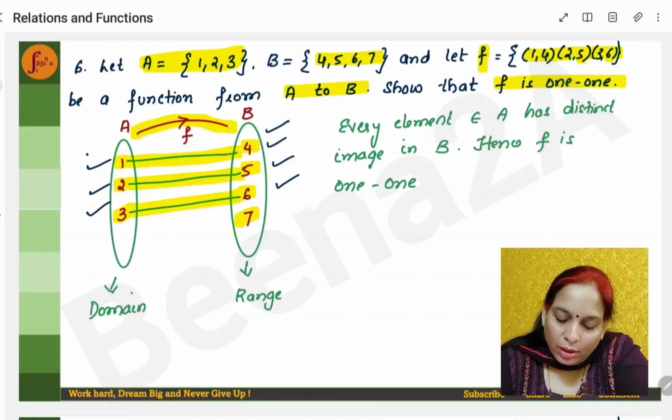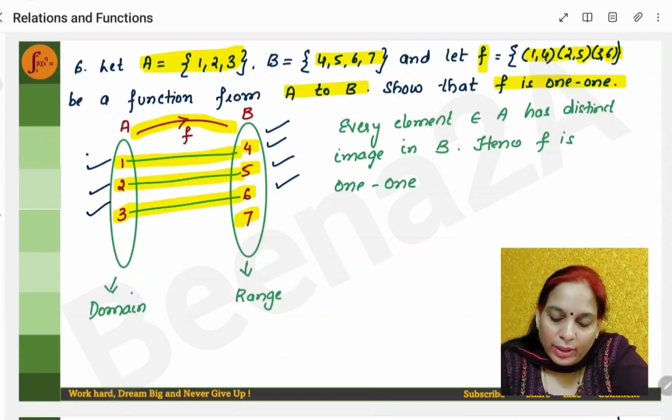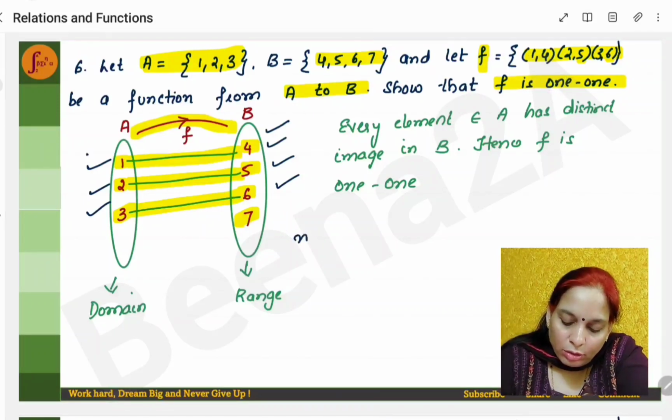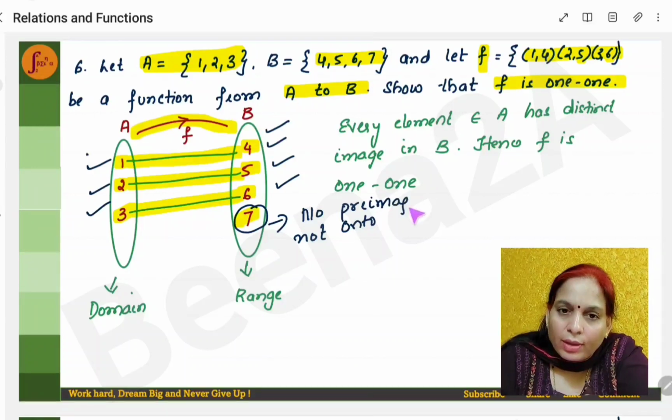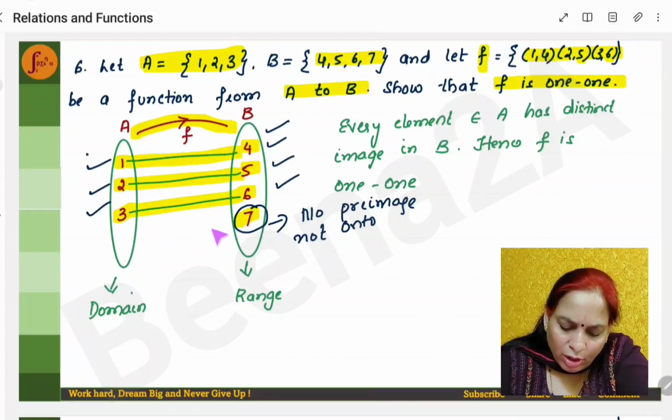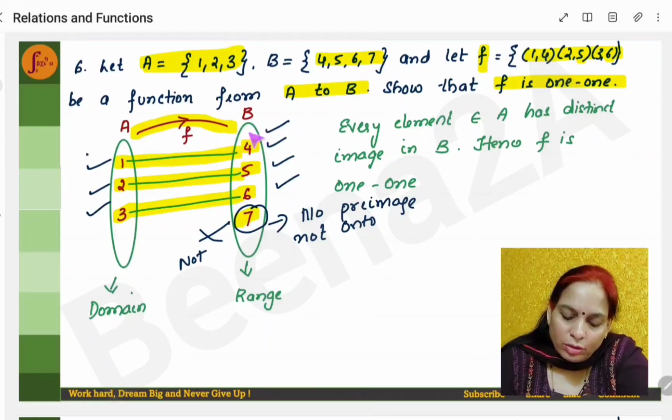Now, is it onto? It's not given in the question, but is it onto? It is not onto. Why? Because this element 7 has no pre-image. This element 7 is not mapped anywhere. Therefore, this is not onto.